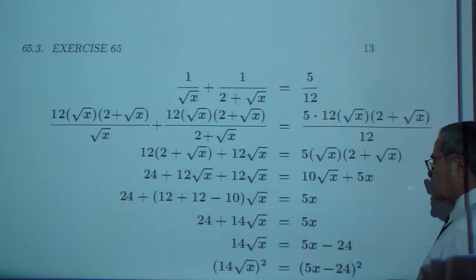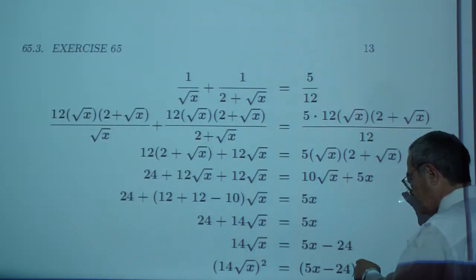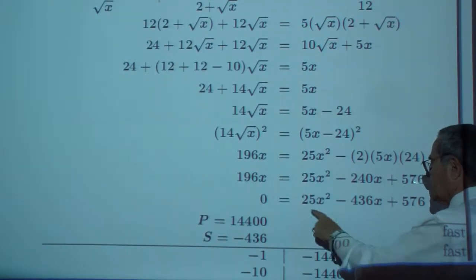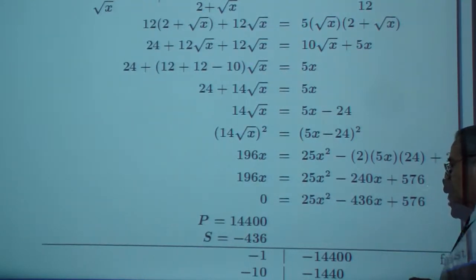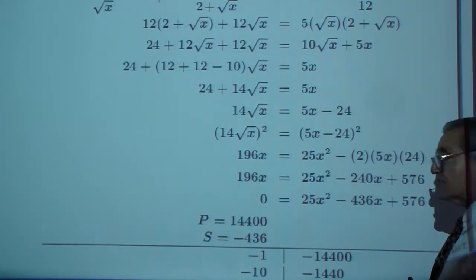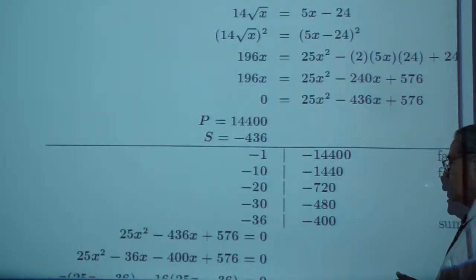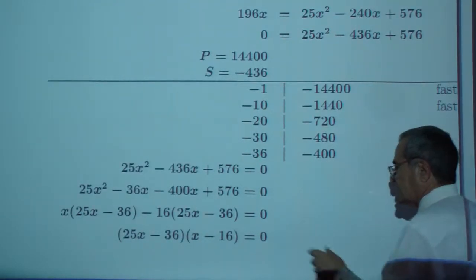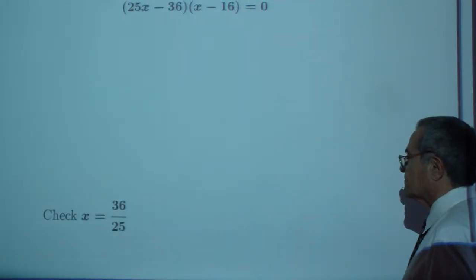Distribute, collect like terms, isolate the square root. Again, square both sides, and you come out with this particular quadratic. Hopefully, it is factorable. So it's a cookbook problem, of course. You find your magic numbers, you crank it through, x is either 16 or 36 over 5.